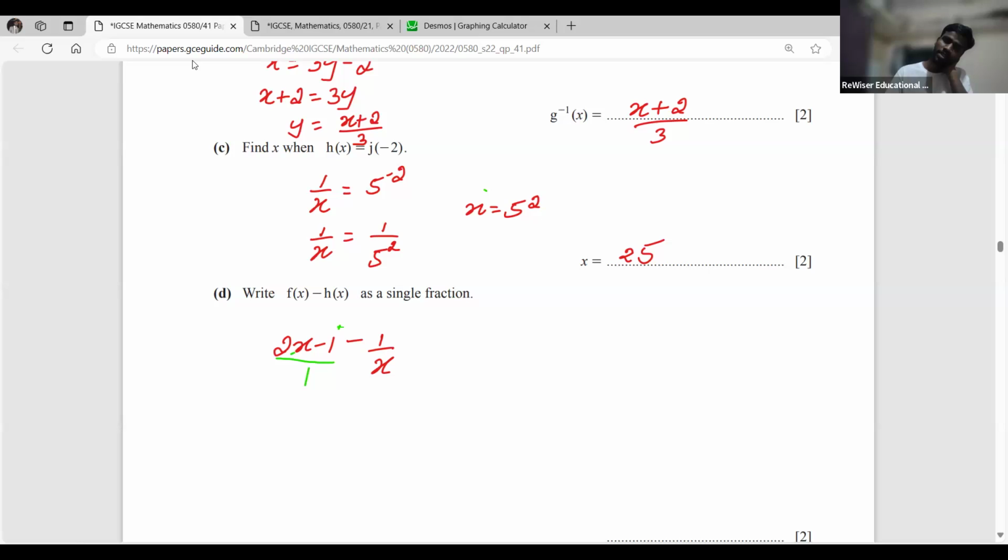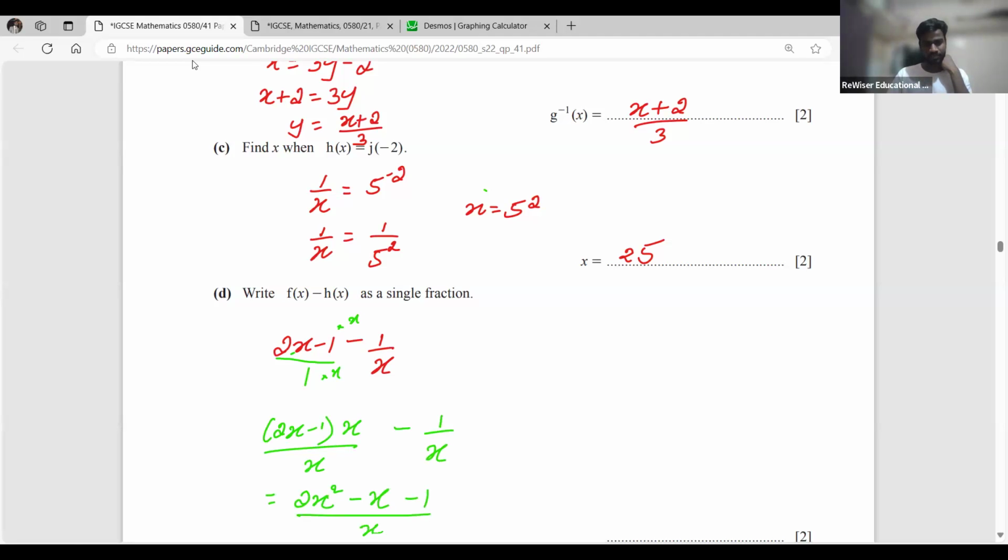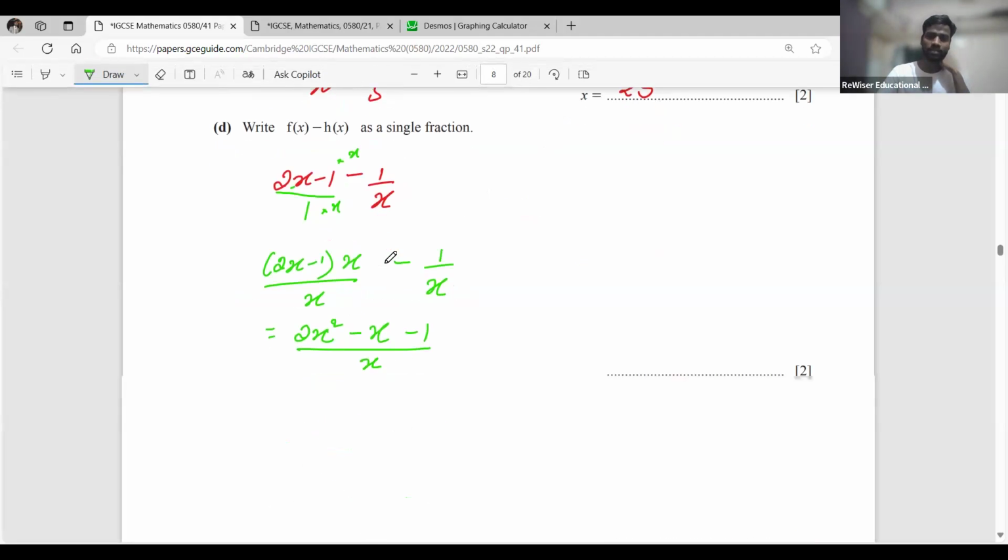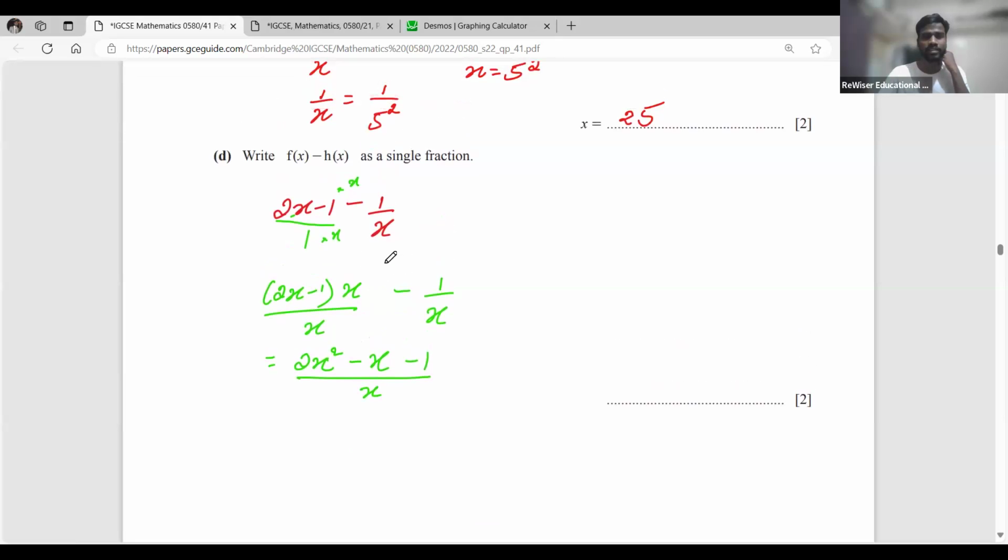In order to make the same denominator, I'm going to multiply it with x, both the numerator and the denominator. It's going to be something like 2x minus 1 times x divided by x, then minus 1 over x. So when I expand this, 2x times x is going to be 2x squared, then minus 1 times x is going to be minus x, then minus 1, and the entire thing divided by x. So this is the simplest form.